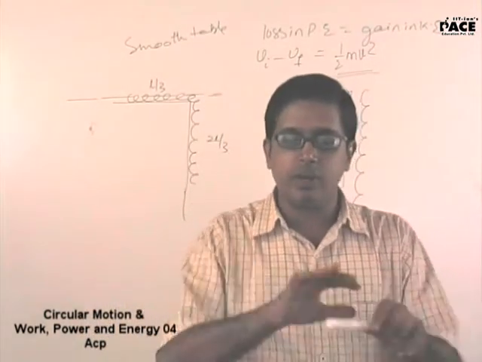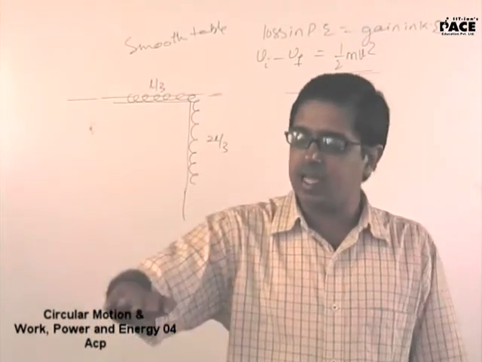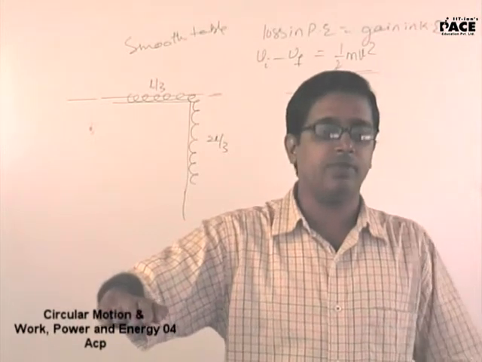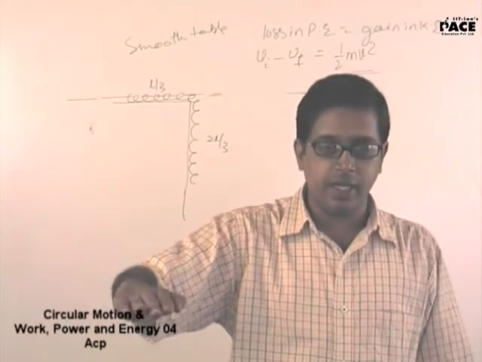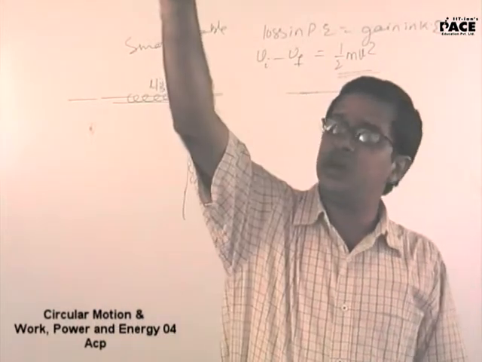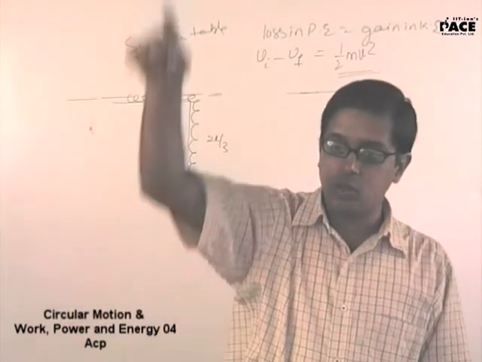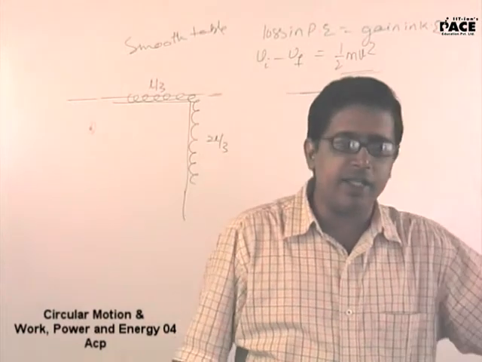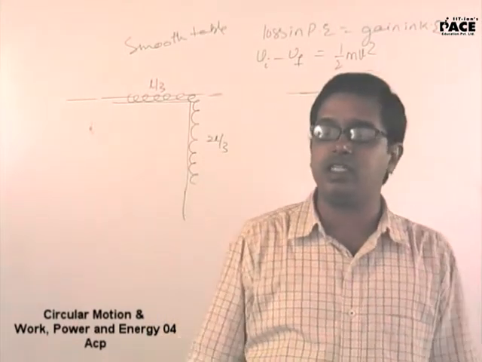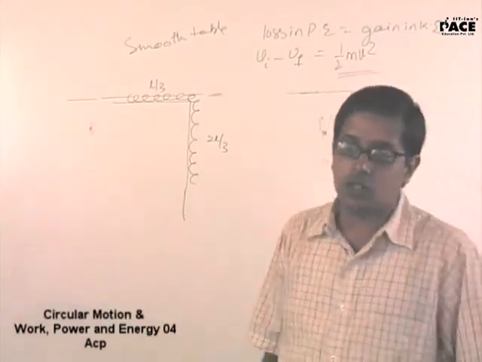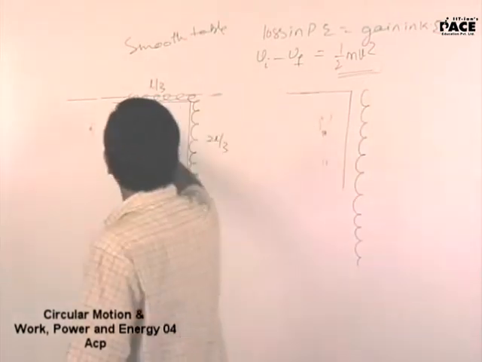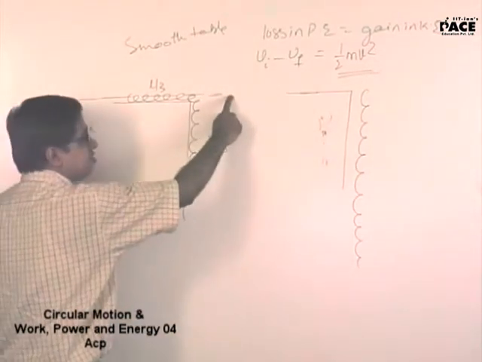Today, when dealing with a problem in potential energy, I will take this point to be zero potential energy. Tomorrow I will take the ground to be zero potential energy, and the day after tomorrow the ground floor or the sea level, and so on. So here I am taking the potential energy to be zero.